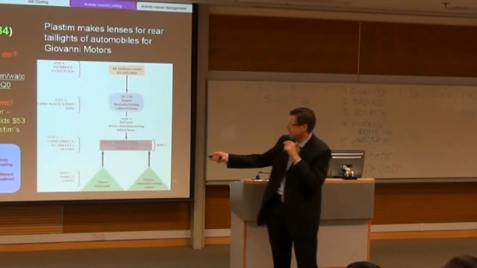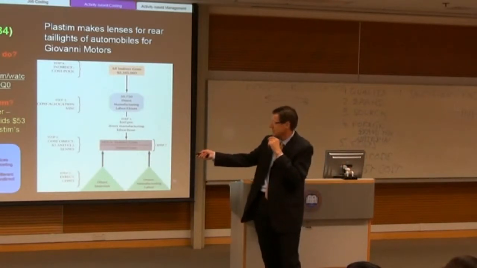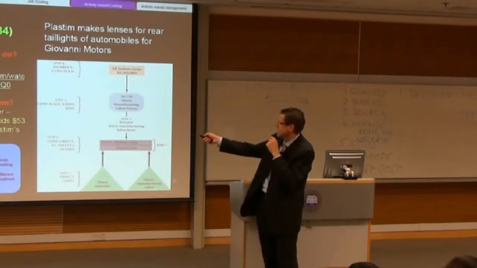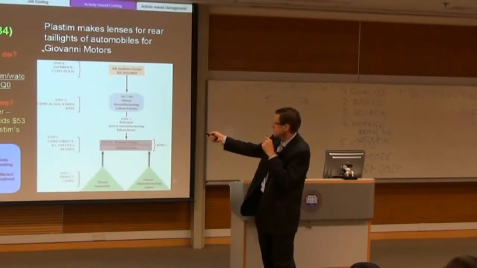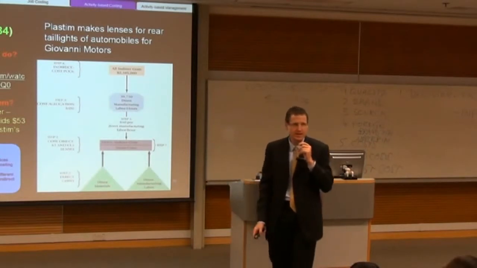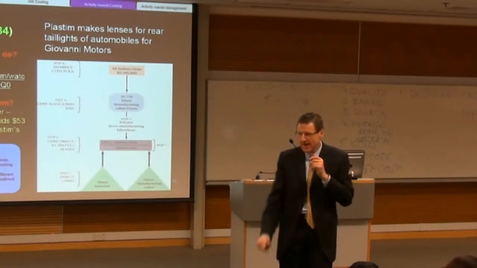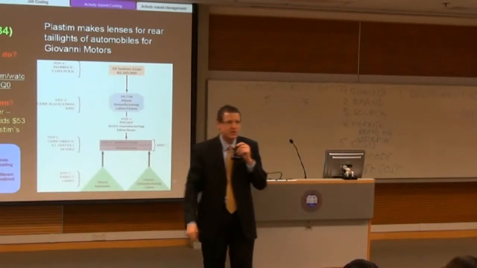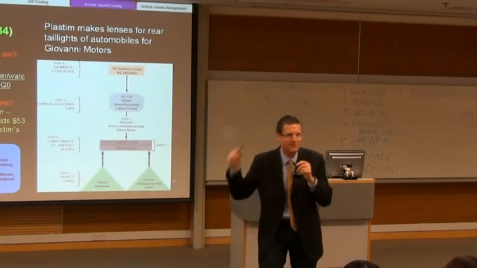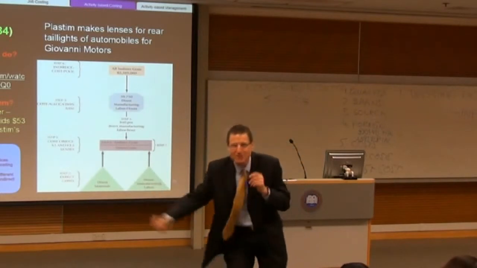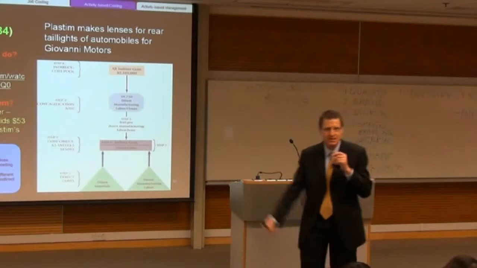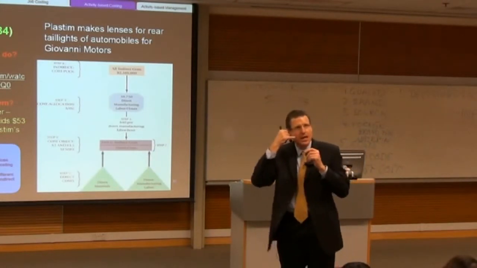Their competitor comes along, Bandex, and contacts Plastim's customer, Giovanni Motors. And they say, "Hey, Mr. Giovanni Motors, I can do it cheaper than your supplier. I can do it for $53. Are you interested?"